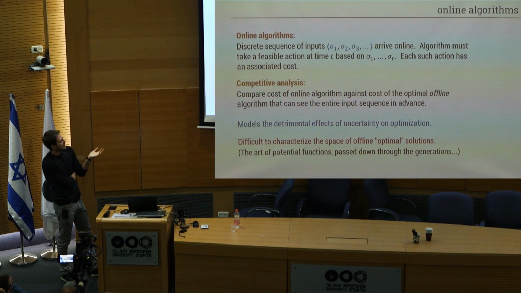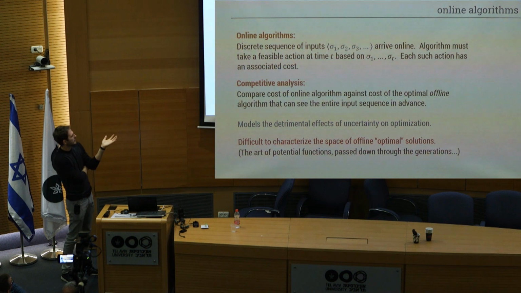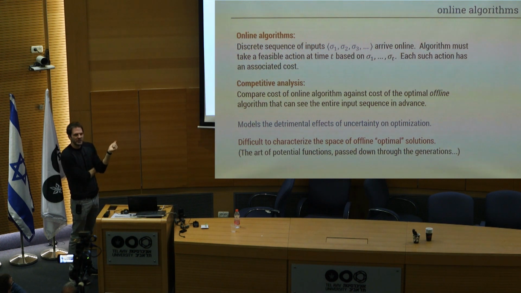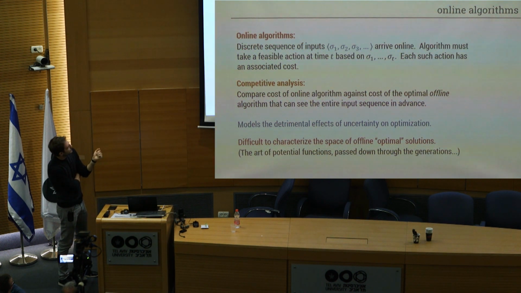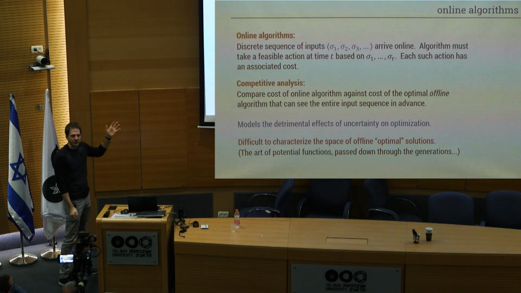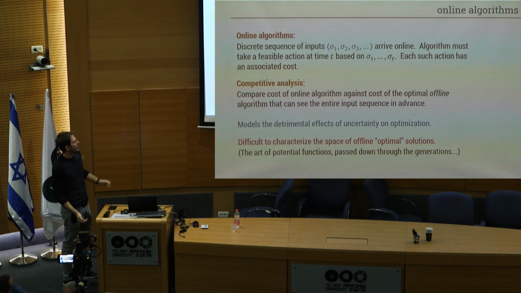Later, when I became faculty, I had a reading group on these things, and the reading group didn't go very well because there's this art of designing these algorithms and associated potential functions. It's beautiful, but art is subjective and hard to understand.